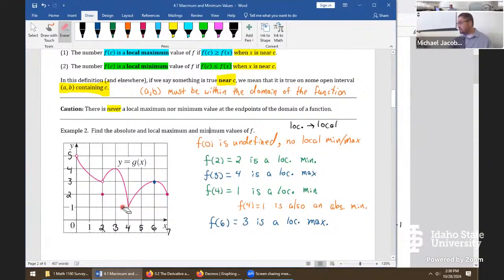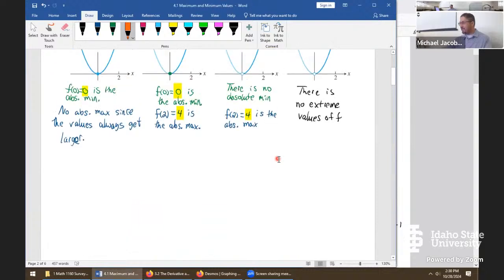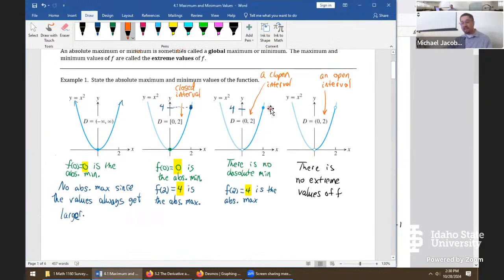Okay, getting back to that discussion on the absolute max, we return the graph back to this situation. Now suddenly, let's add this to the notes. Because of that open dot here, there is no absolute max on this particular graph. It would have to be filled in to get that absolute maximum, much like if we had these graphs again. This one had an absolute maximum because the function value at 2 actually gave us a 4 back.